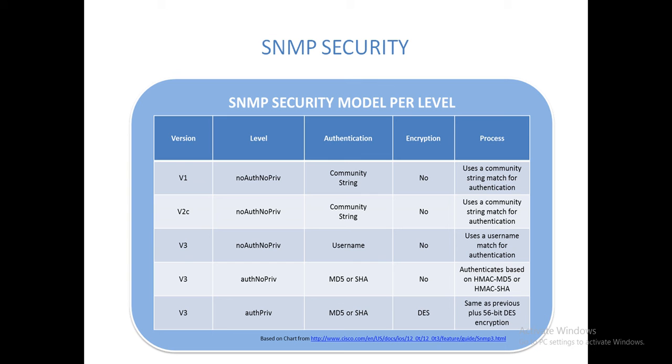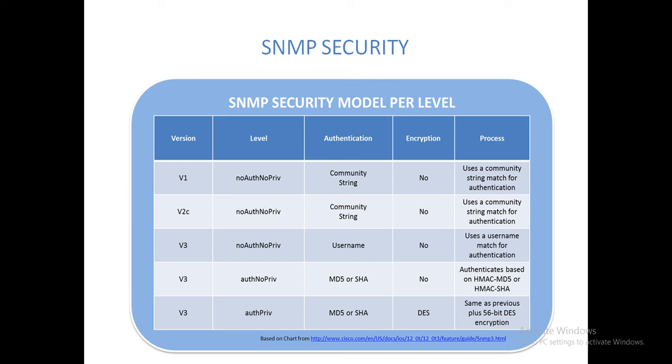The second level is known as authentication and no privacy, meaning if you want to authenticate your SNMP packets, you can use the 2 basic algorithms, which are MD5 or SHA. As long as your application supports SHA, it is always recommended to go for SHA because it is stronger than MD5.